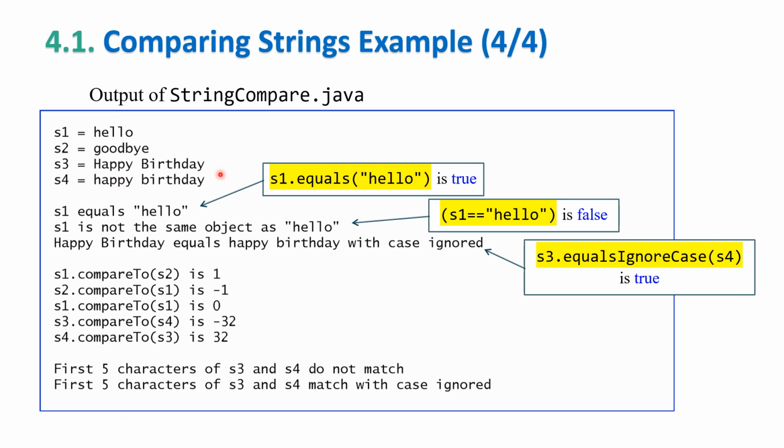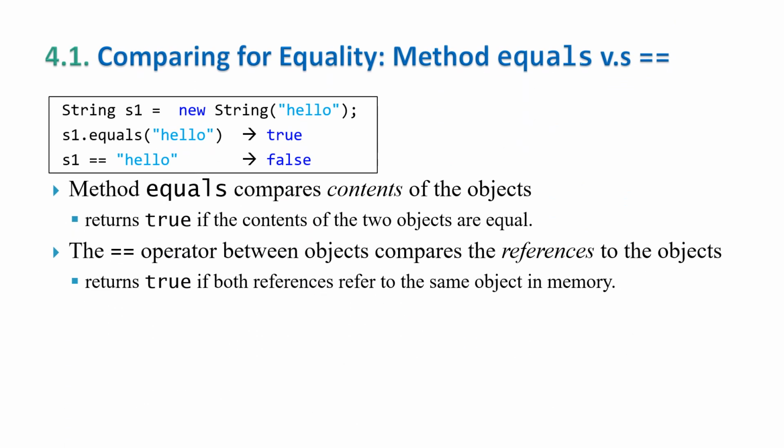The method regionMatches returns false when comparing those 2 words and returns true when comparing those 2 words with case ignored.